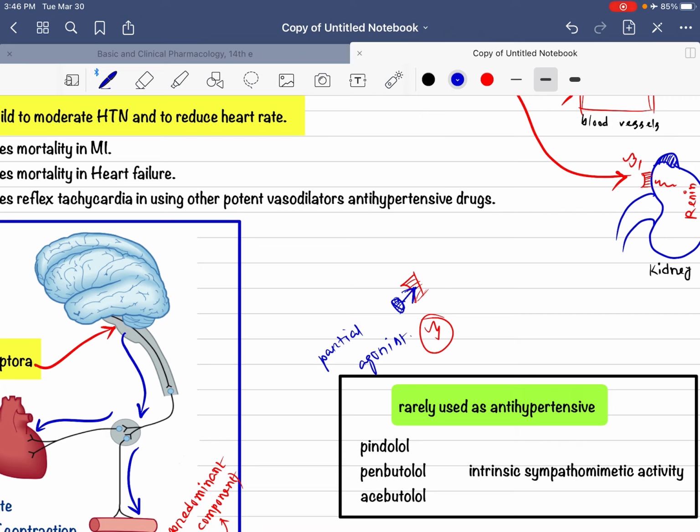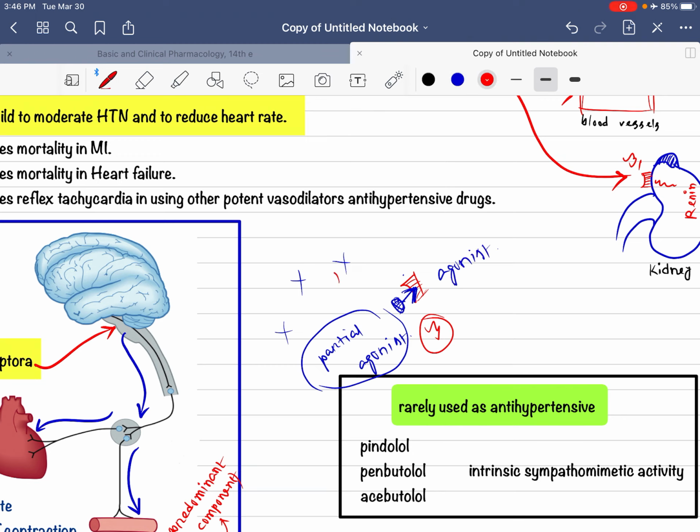They act as agonist in the absence of a pure agonist. That means there is no other agonist. Now this partial agonist will act on this receptor as an agonist.